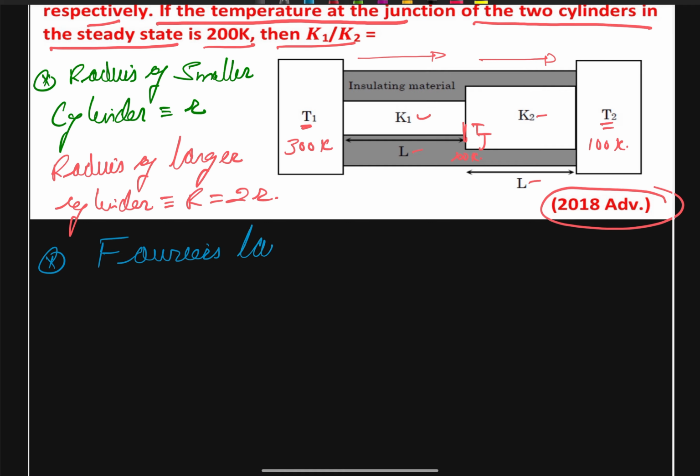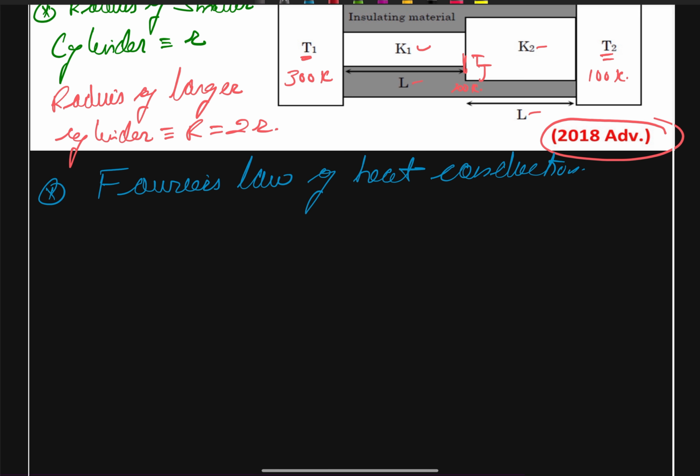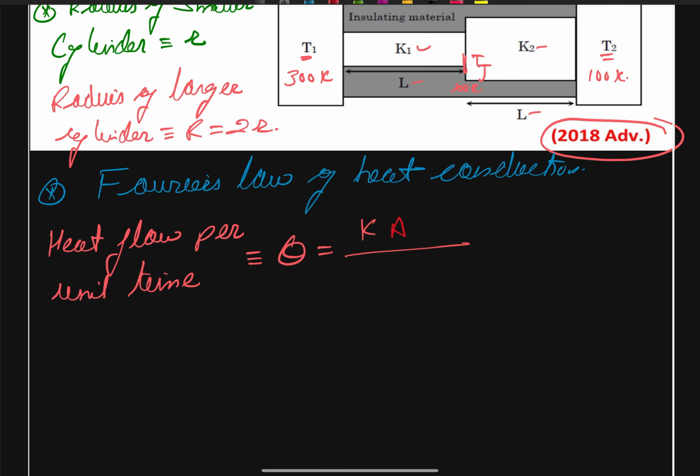So for that we can use Fourier's law of heat conduction, and that states that heat flow per unit time, that is our Q, will be equal to K A delta T by L, which is our length.